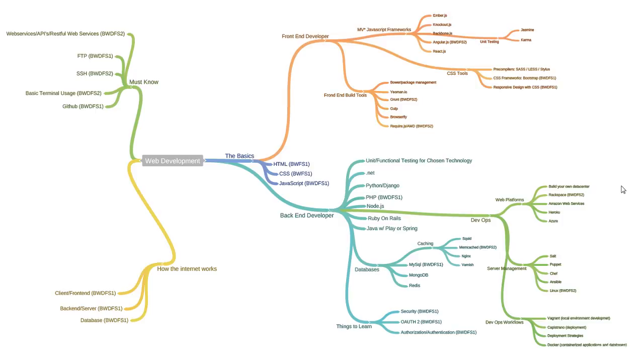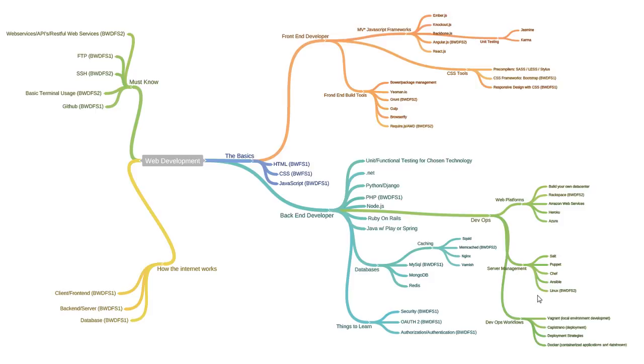If you want to go a step further as a back-end developer, you have to learn web platforms or DevOps. If you really want to get into creating data centers or big databases, you should learn DevOps. I'm going to try to cover Rackspace on my second course, and maybe Amazon Web Services.